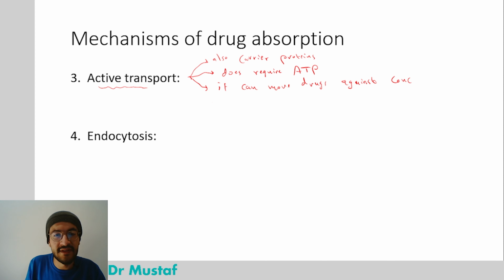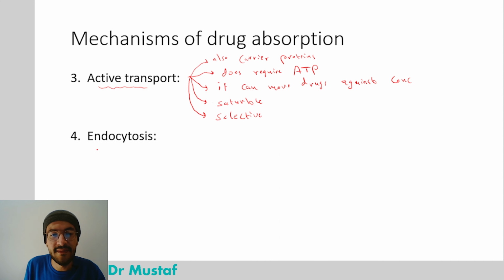And this type of transport is also saturable, the same as with the facilitated diffusion, and also it is selective, meaning there are specific substances that can be actively transported, in comparison with the simple diffusion, which would work on all substances.